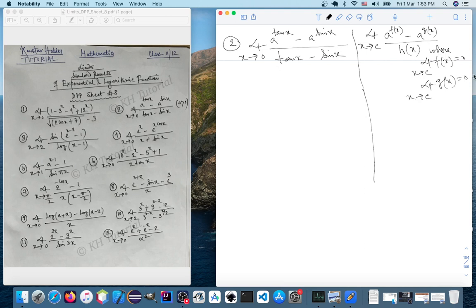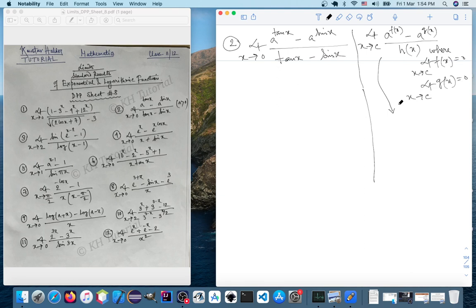Then since the base is the same, eventually we have to create a form a to the power x minus 1, then a to the power fx minus 1 divided by fx, that we have to create.